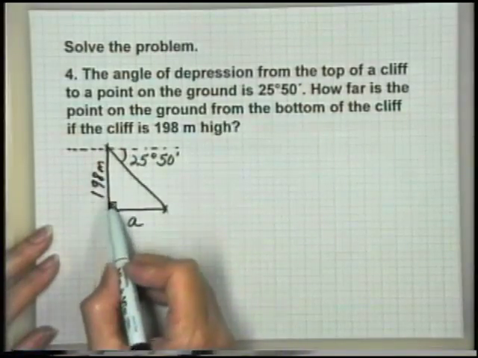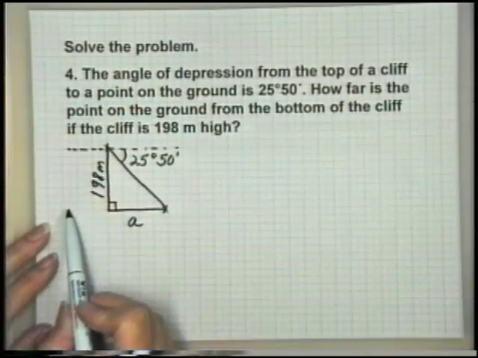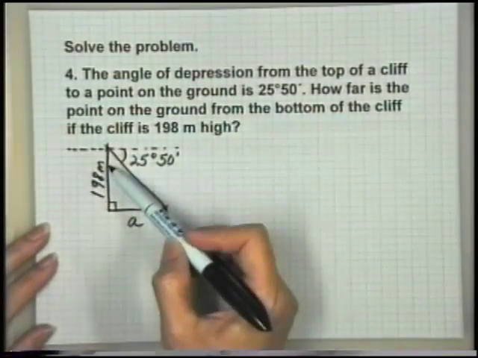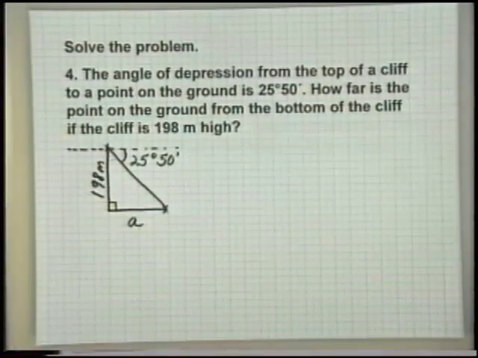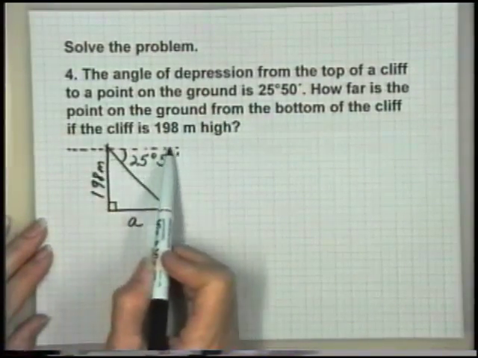Now, I know that that forms a right angle, just like this forms a right angle. Since this is perpendicular to the ground and the ground is parallel to this horizontal, then it will also be perpendicular. But I think it's easier at this point to use our knowledge about transversals.